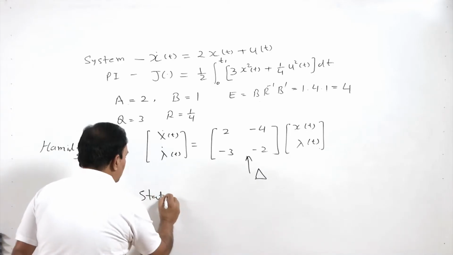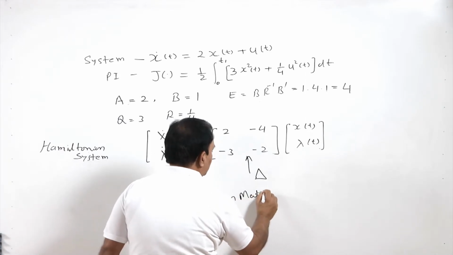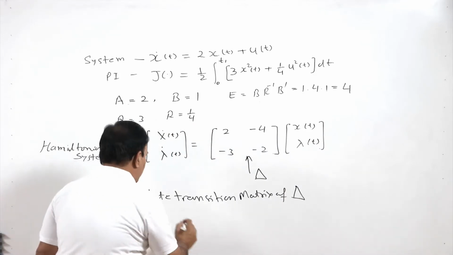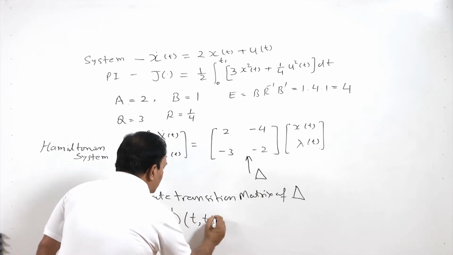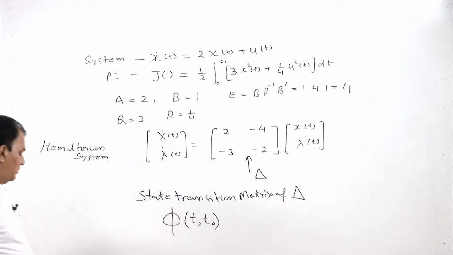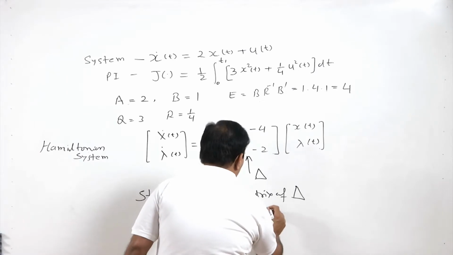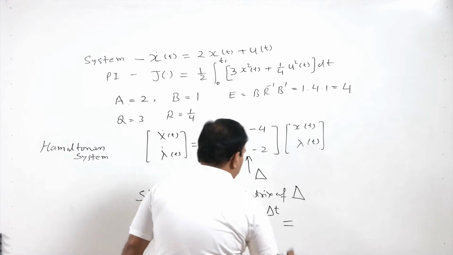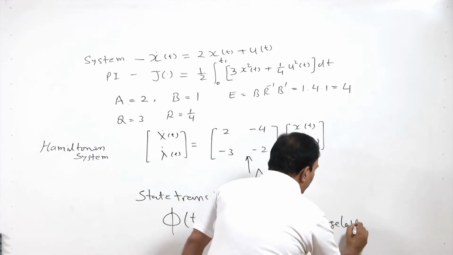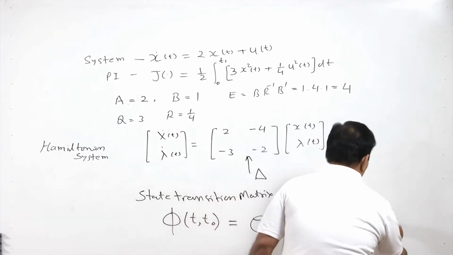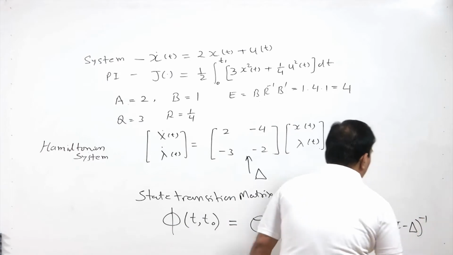The state transition matrix of delta we represent as phi(t, t0), which is nothing but e to the power delta t, and we can write it as the inverse Laplace of (sI minus delta) inverse.